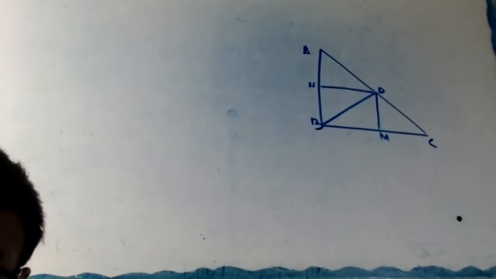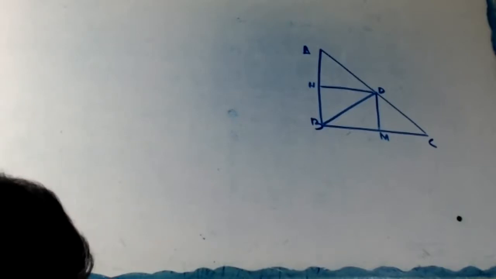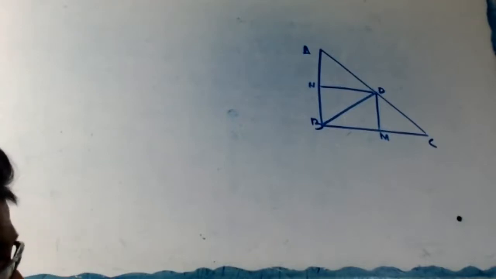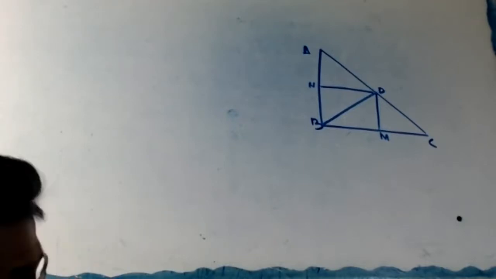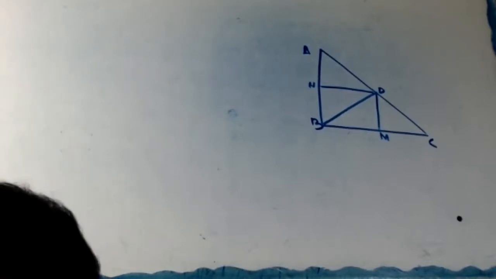BD perpendicular to AC. Okay. DM perpendicular to BC. DN perpendicular to AB.